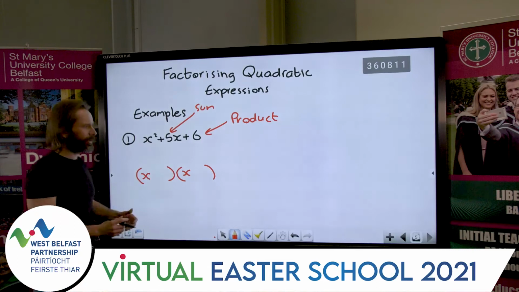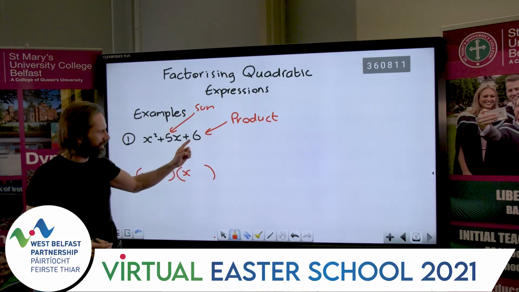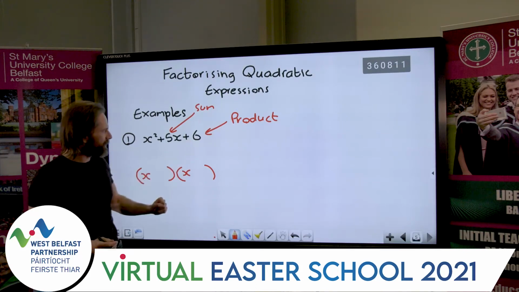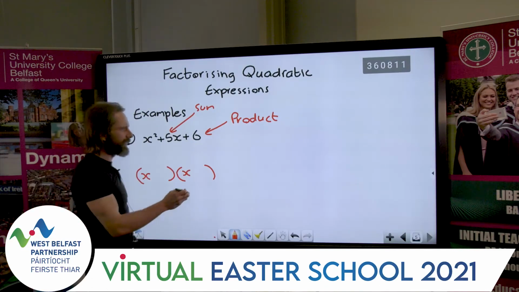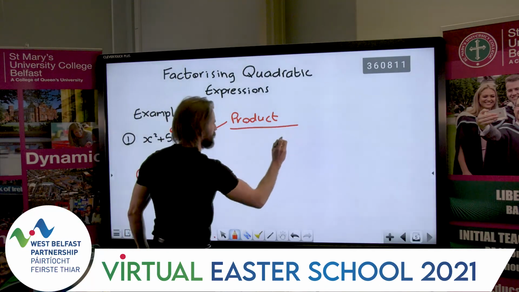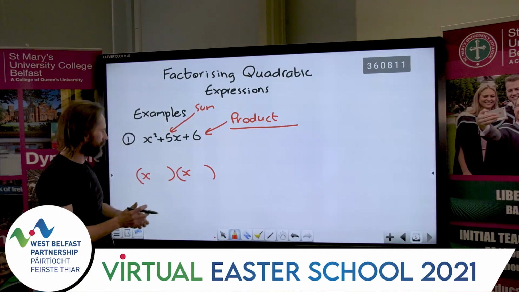So what I mean by that is we have to think of a pair of numbers that multiply together to give us 6, but add together to give us a sum of 5. So how we do that, I look at the pairs of numbers that multiply together to give me 6 and see if there's any of those pairs that will also give me a sum of 5.